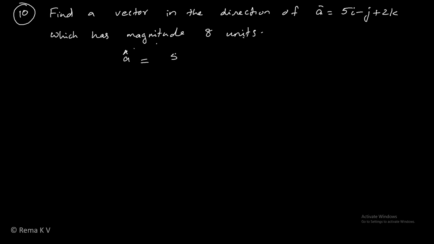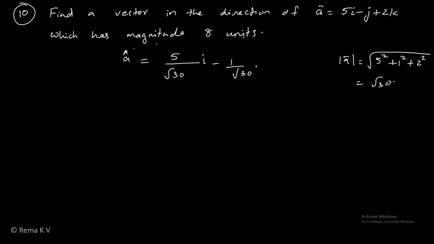This is equal to 5 by, modulus of vector A is root of 5 square plus 1 square plus 2 square, root 30. So it is 5 by root 30 i minus 1 by root 30 j plus 2 by root 30 k.